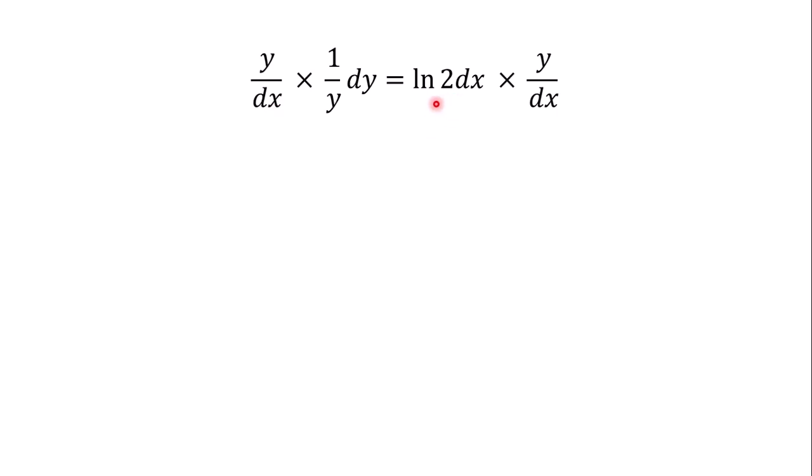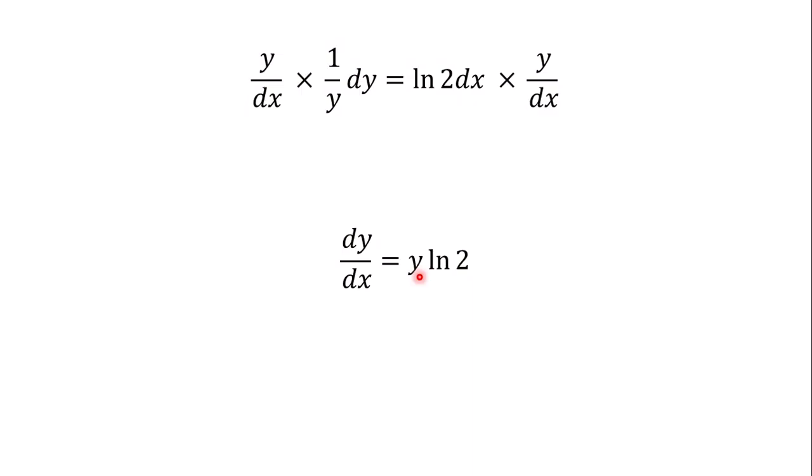Now when you come here, this dx and this dx will cancel out, and it will be left with ln 2 multiplied by y. Okay, dy over dx is equal to y ln 2, but we know that y is equal to 2 raised to the power x.